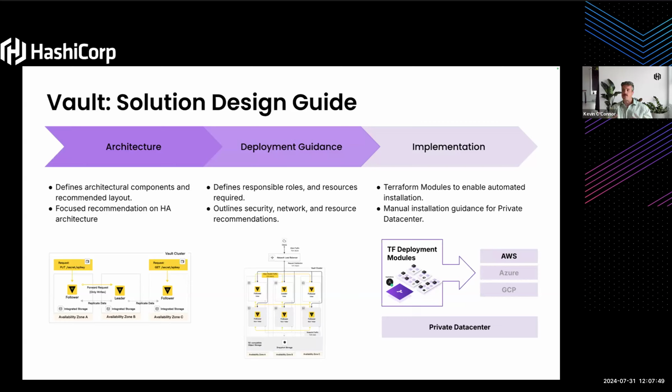Something typical of a 3 to 5 node cluster, say spread across 3 availability zones if you're deploying in cloud, right? Within this, we also have deployment guidance, right, where we outline roles and responsibilities of the recommended team to deploy Vault, along with the level of access that would be needed to perform the deployments, right?